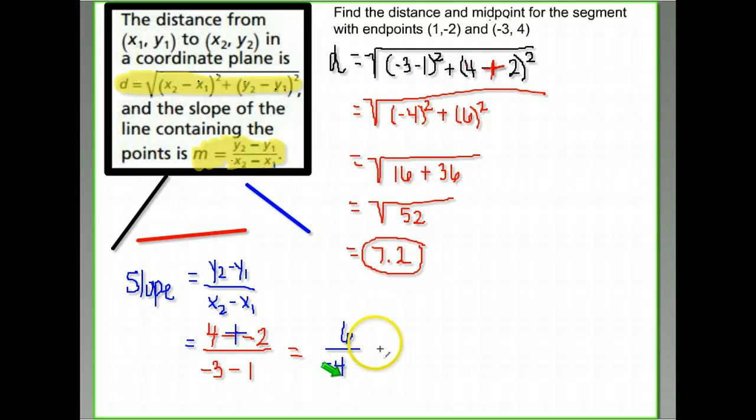Then I'm going to reduce that. 2 goes into both 6 and 4, so I divide by 2 and I get negative 6 divided by 2 is 3, and 4 divided by 2 is 2. You may notice that I put the negative sign out in front. That's how we typically write it. We don't leave it in the top or the bottom of the fraction, we just put it out front.